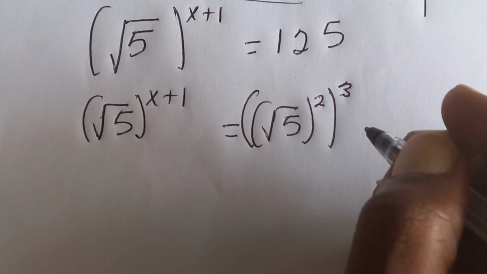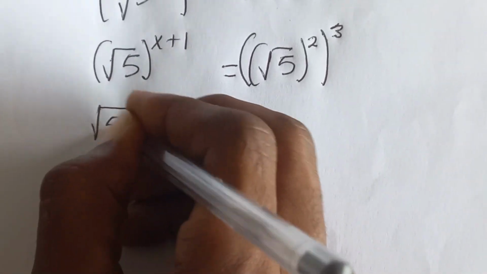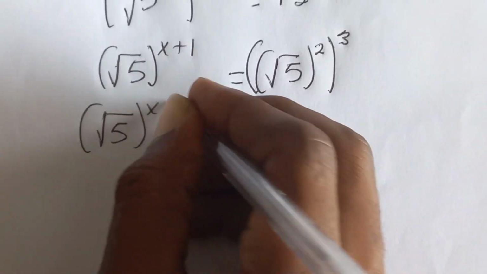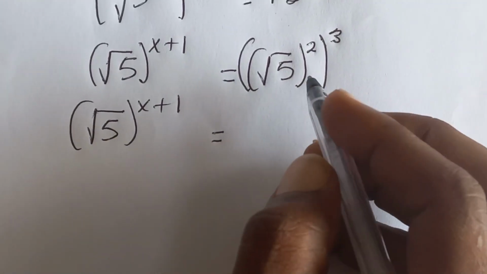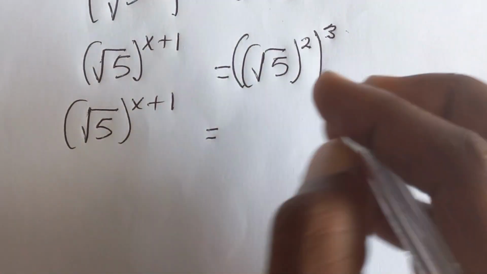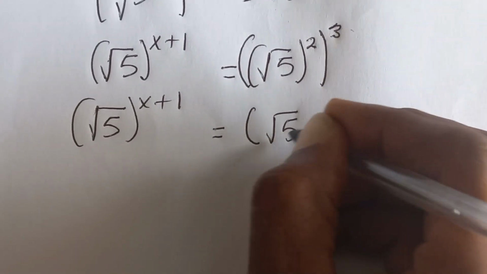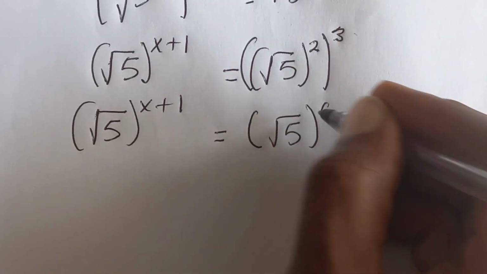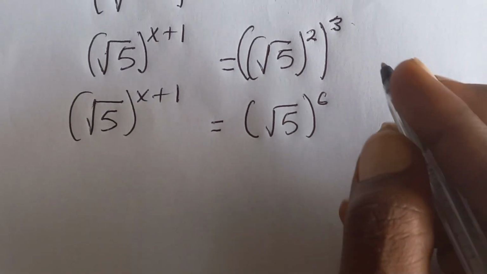So now we are having root 5 into bracket x plus 1, which is equal to root 5 into bracket 6.